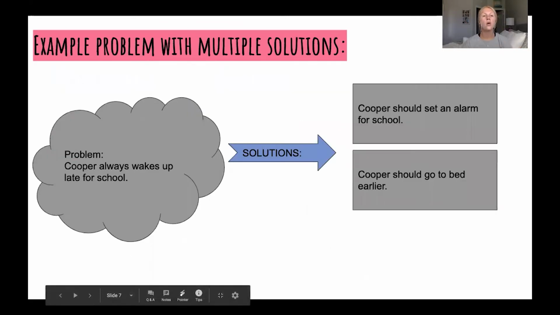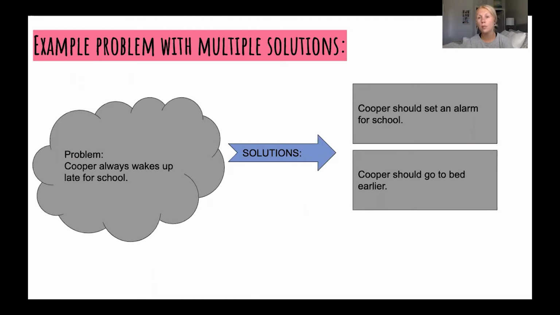So now we're going to go over an example problem with multiple solutions. Our problem is, Cooper always wakes up late for school. Now, this problem has a couple different solutions that are possible. For our solutions, I have: Cooper should set an alarm for school.